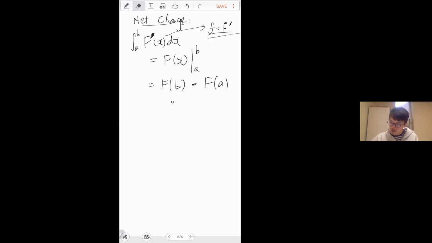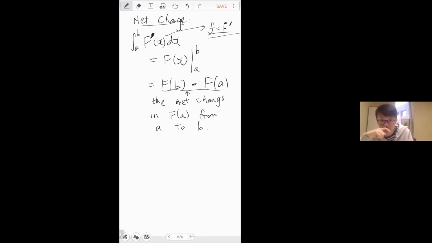Okay, so you should think of this f of b minus f of a as the net change in the function f of x from a to b. So this thing right here. Okay. Now let's look at one example.